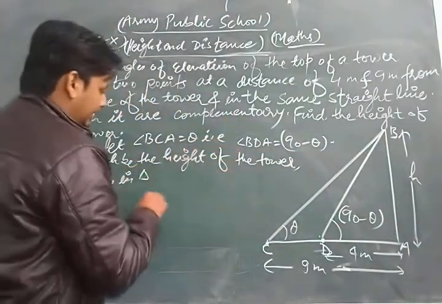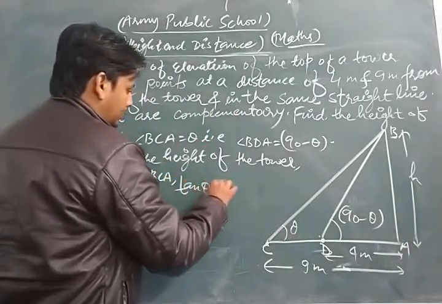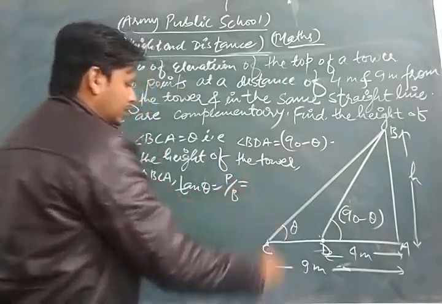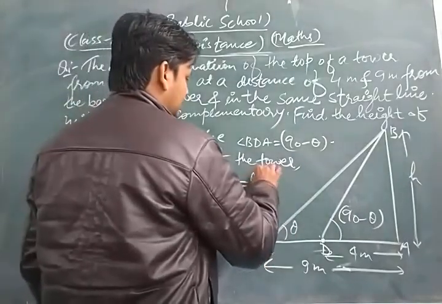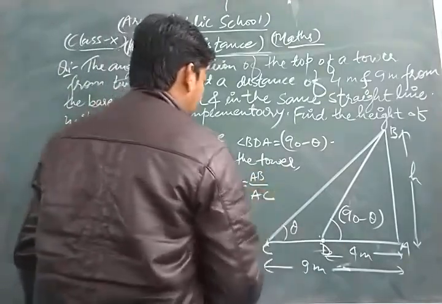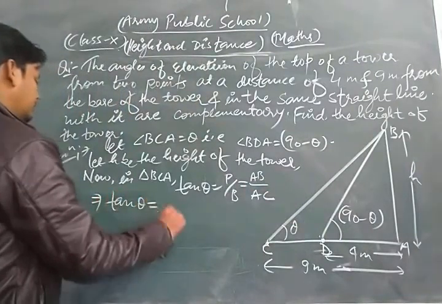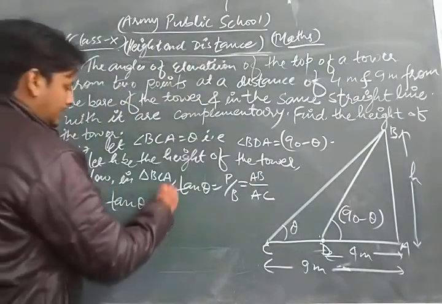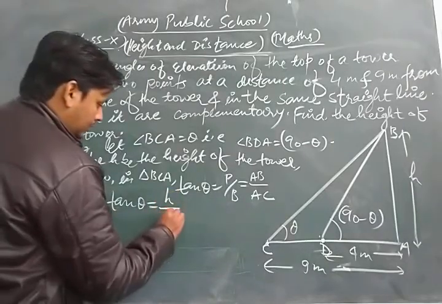Now, in triangle BCA, we apply the tangent rule. So tan theta is equal to perpendicular upon base. So perpendicular is AB and base is AC. So tan theta is equal to AB, which is H, upon base AC, which is 9.